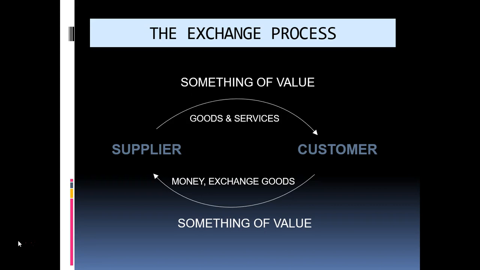So from a customer point of view, whether I'm a business or a consumer, I'm going to be looking at what are the sacrifices that I'm going to make, whether they are monetary, whether it's the cost of time, whatever it might be, versus the benefits that I might get.